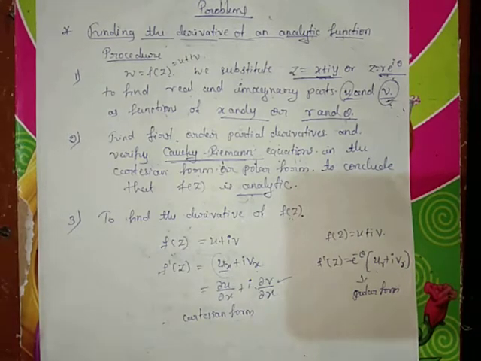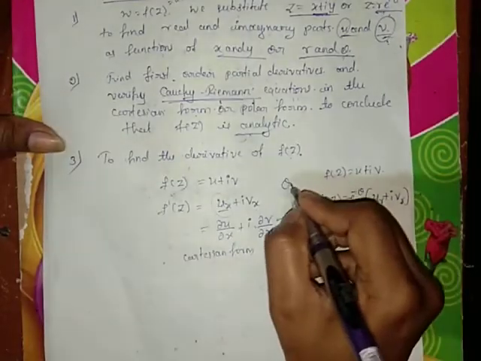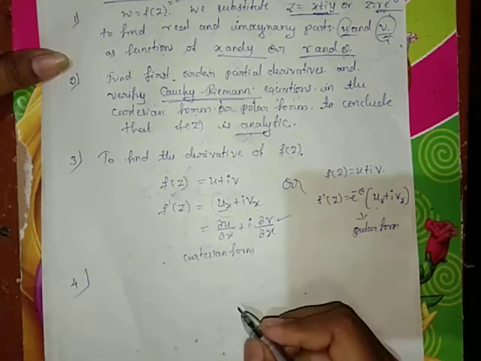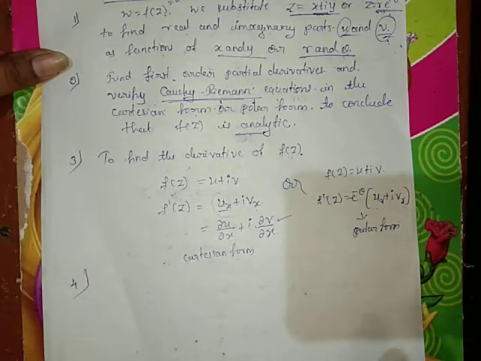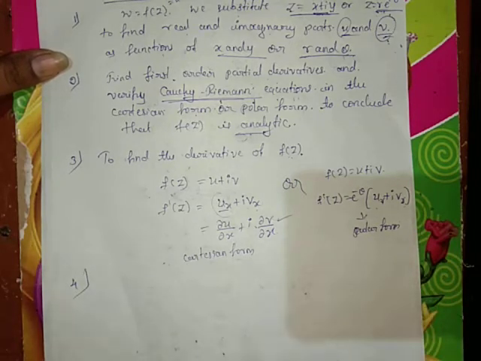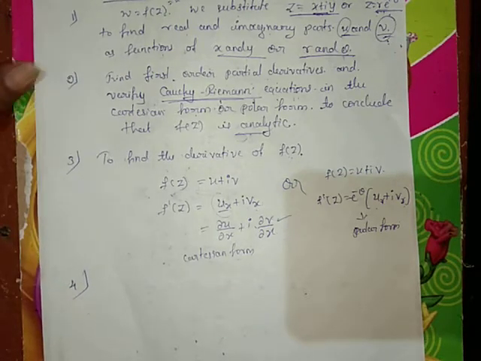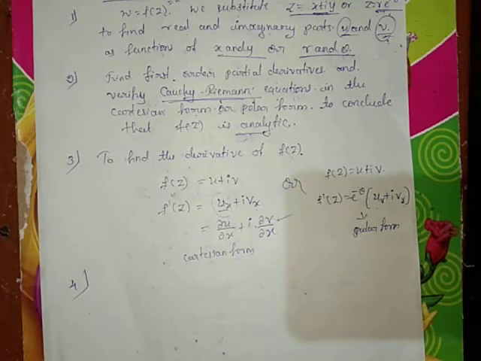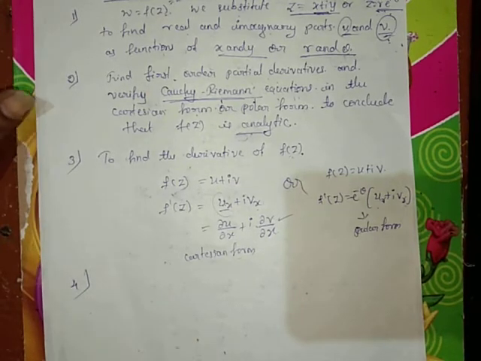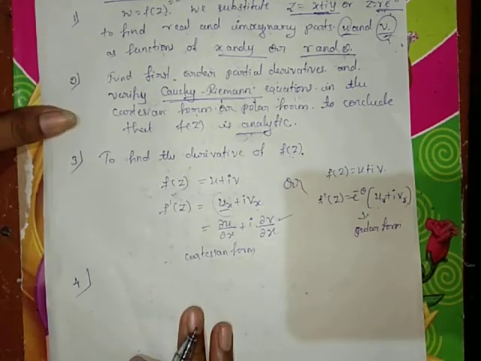After substituting these ux and vx, or ur and vr, the next step is to rearrange the functions to get the entire function in terms of z. We substitute the partial derivatives and rearrange the functions as x plus iy or r e raised to i theta, which is in terms of z, to get f dash of z in terms of z.